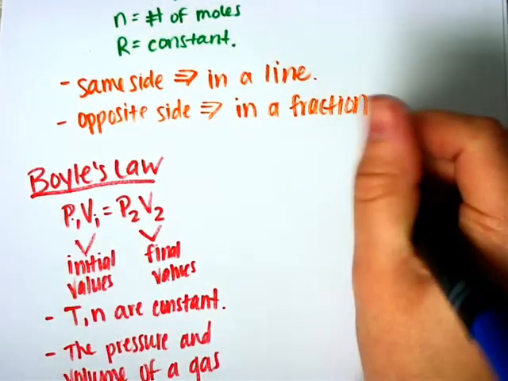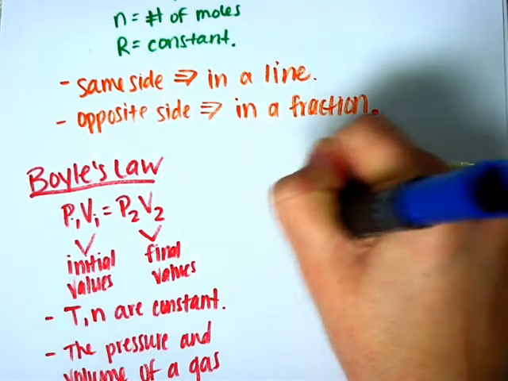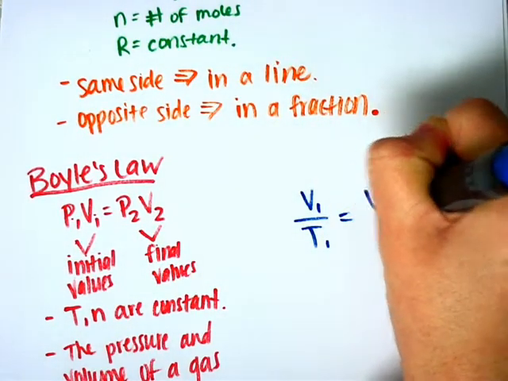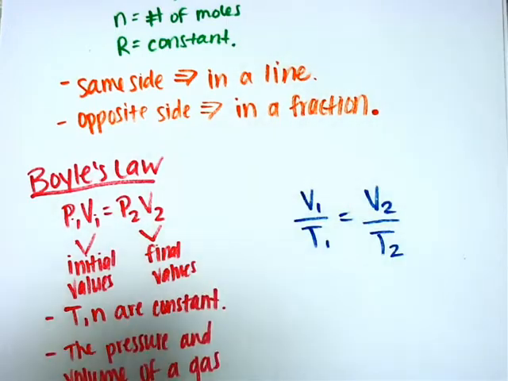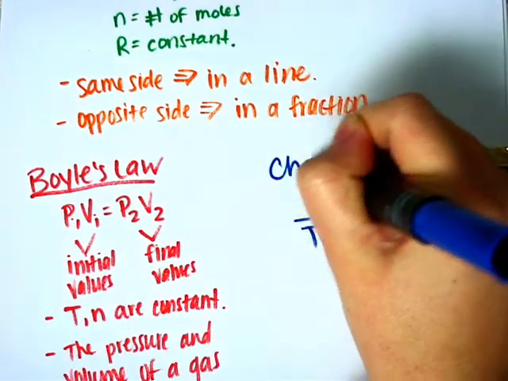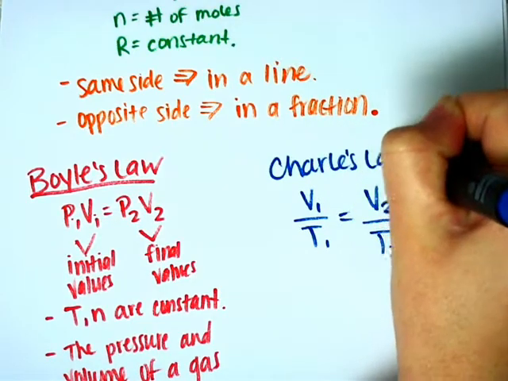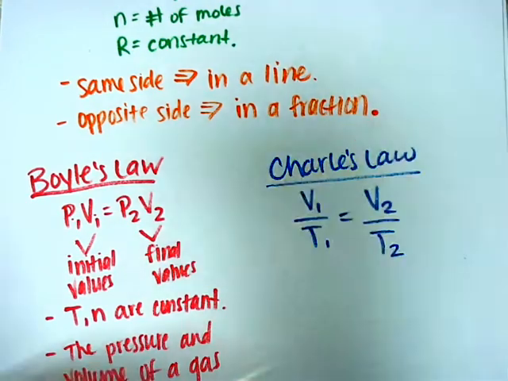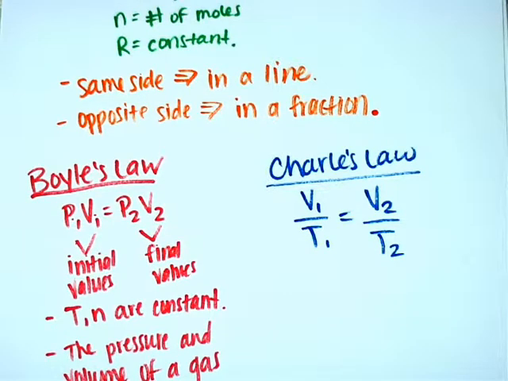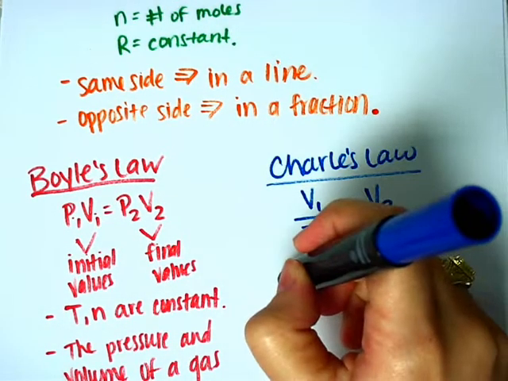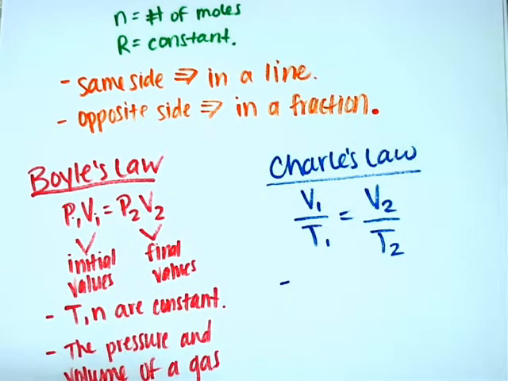So we are going to have V1 over T1, and that's going to equal V2 over T2. This is going to be Charles' law. Okay, so our 1s and our 2s are going to be the same thing. No big deal there. So what's constant during this law? So what did we not include? Because they would have to be constant if we didn't include them.